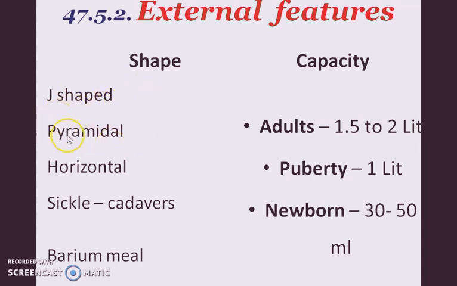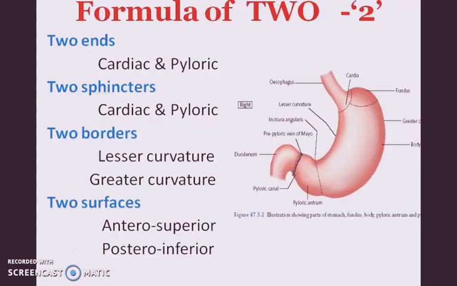It becomes pyramidal when distended, lies horizontally in obese individuals, and in cadavers it is a cecal-shaped structure. The shape of stomach is studied with the help of a special X-ray known as barium meal. The capacity of stomach in adults is about 1.5 to 2 liters. At puberty it is about 1 liter and in newborn it is about 30 to 50 ml.